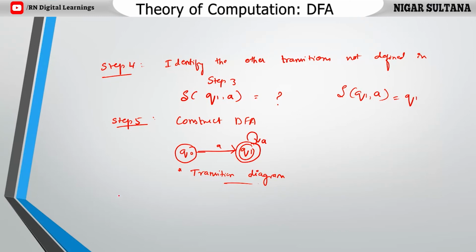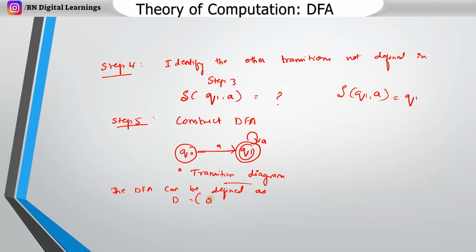Now let's see how it can be defined. The DFA can be defined as, so what are the tuples we are going to use here? DFA is equal to Q, sigma, delta, Q0 and F. What is Q here?